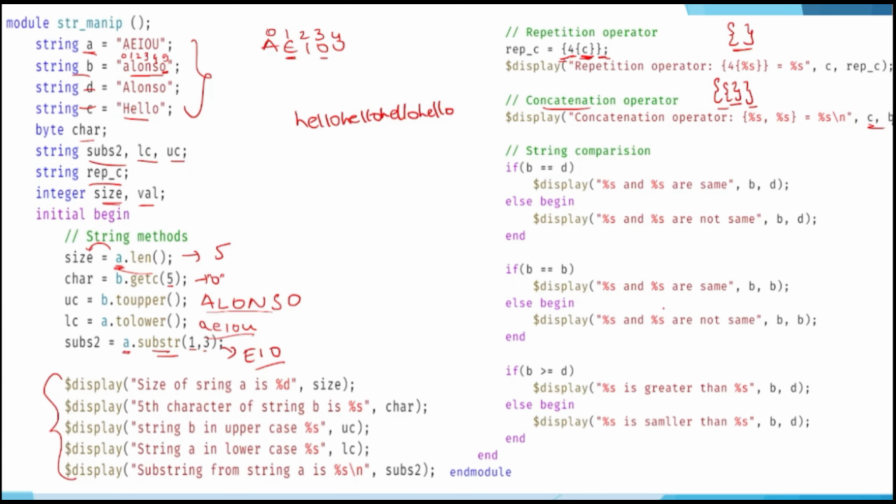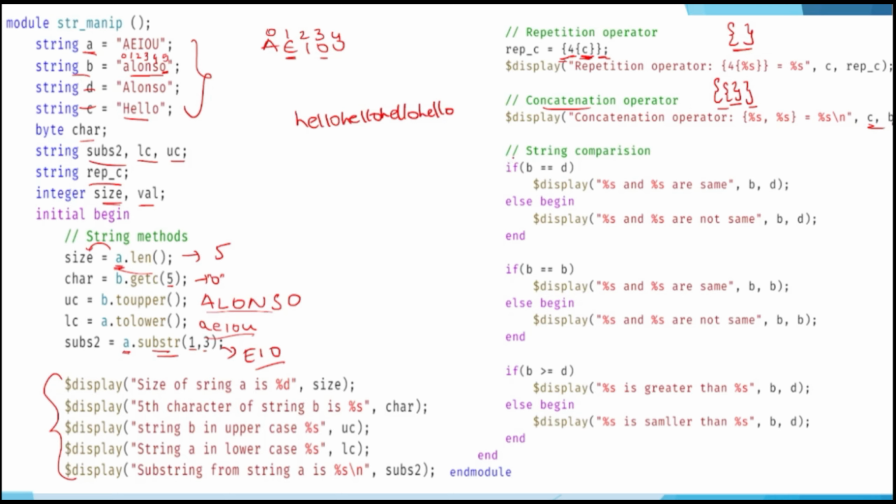Yes, now comes the comparison. For comparison, you should always remember that a string is case sensitive. That is what I told you in the beginning. Uppercase has some ASCII values and lowercase has different ASCII values, so every string comparison is case sensitive.